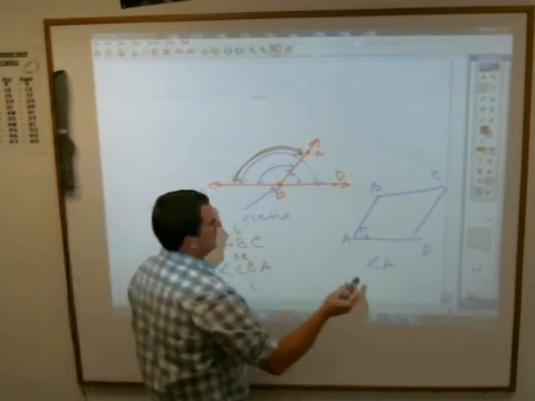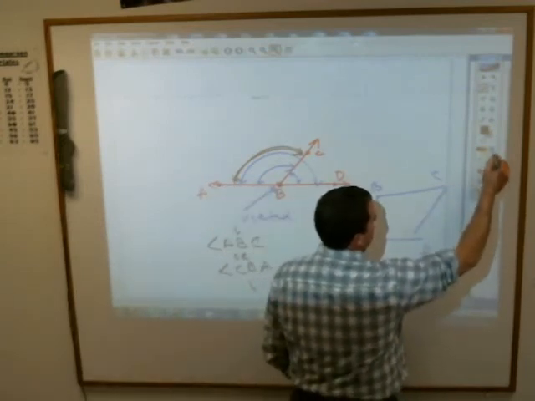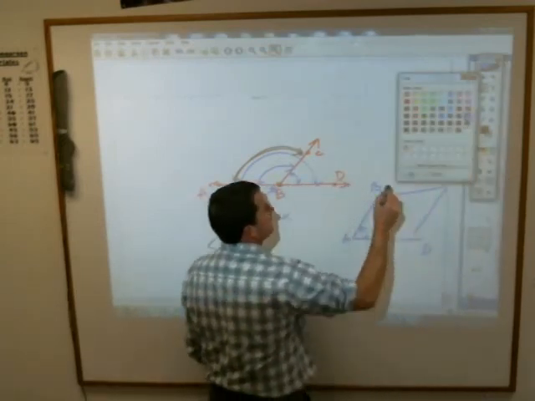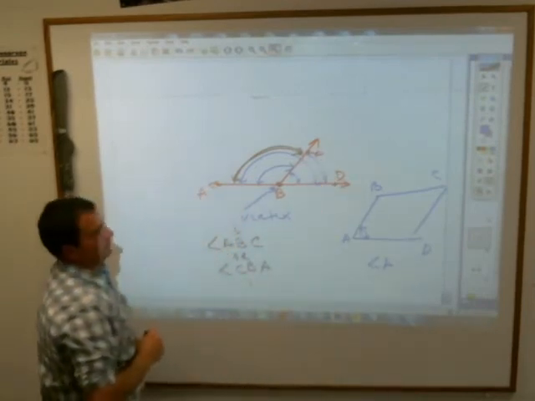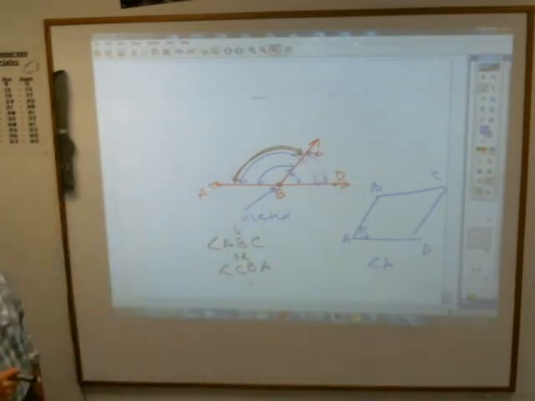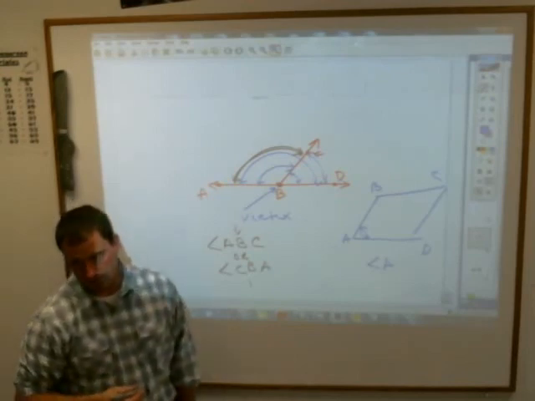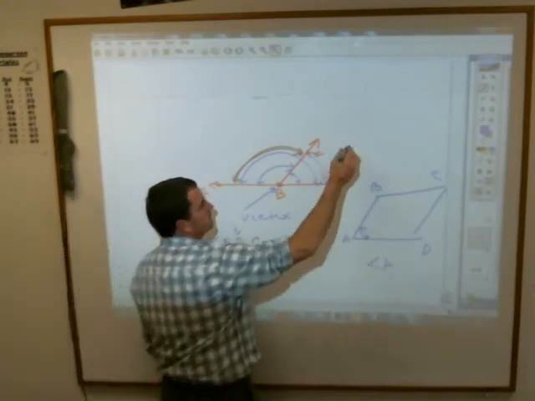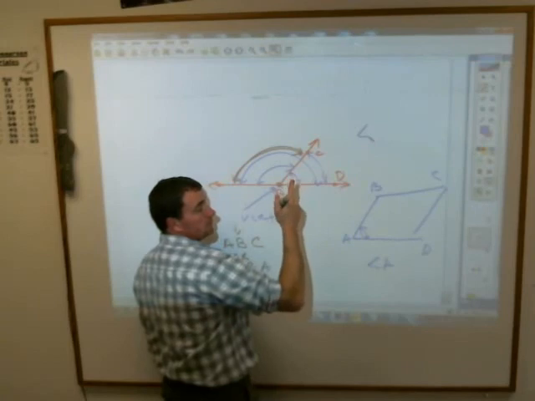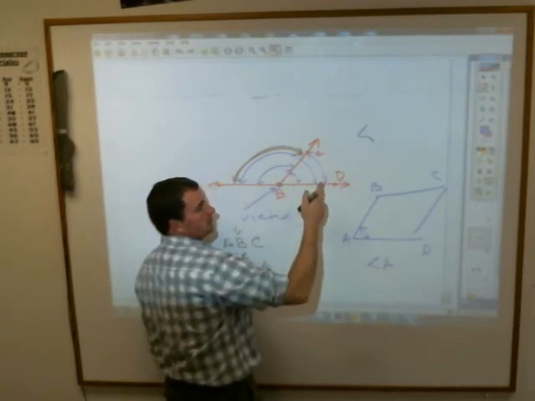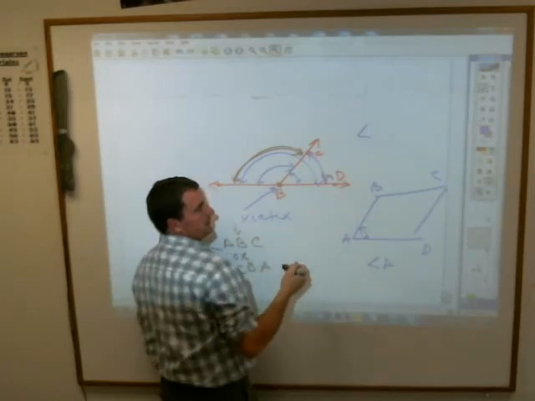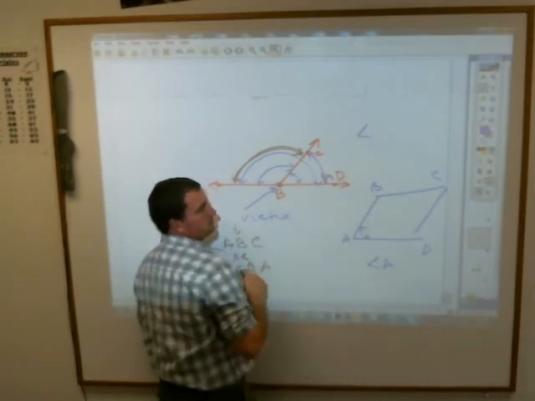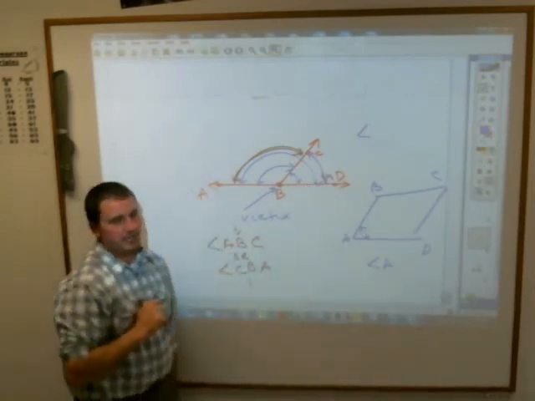If I was talking about this angle right here, there's two different ways I could name it. It would be what? Sam? It would be ABC. Wait, this one right here. Oh, sorry. Right here. Angle what? CD, or BC. No. The vertex has to be the middle letter.